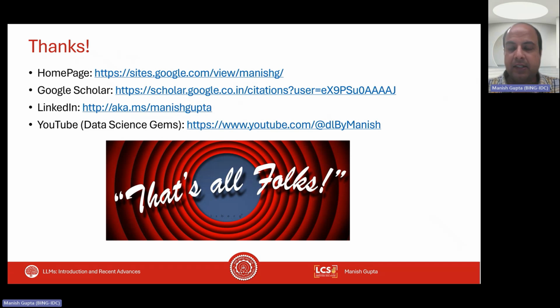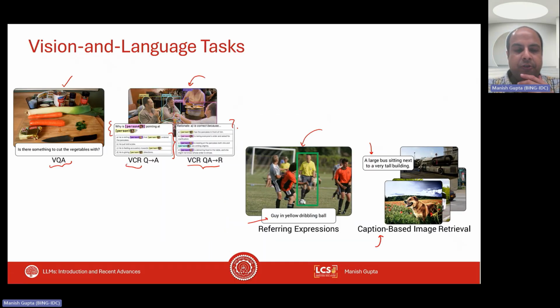Quickly summarizing, in this session, I talked about a whole bunch of models. I first motivated why multimodal modeling is important by talking about various vision and language tasks like visual question answering, visual commonsense reasoning, referring expressions, caption-based image retrieval, multimodal hate speech detection, multimodal fake news detection, and so on.